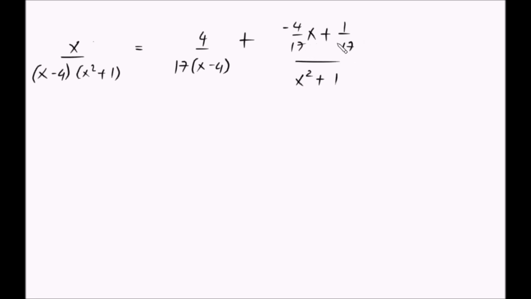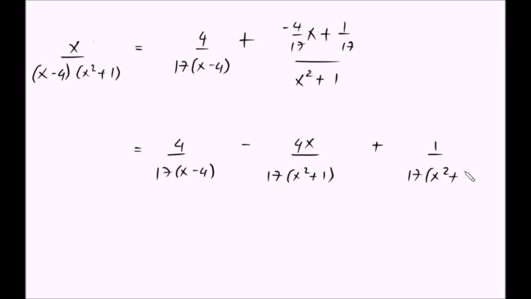Hii hapa naweza nikaitanua, so itakuwa ni like 4 over 17 times (x minus 4) and then minus 4x over 17 times (x square plus 1) alafu jumlisha 1 over 17 times (x square plus 1).